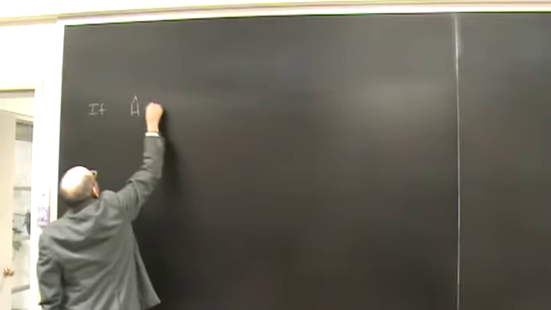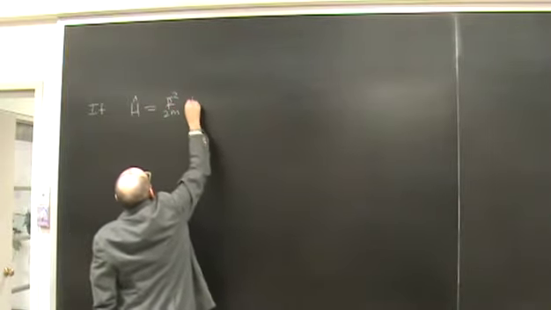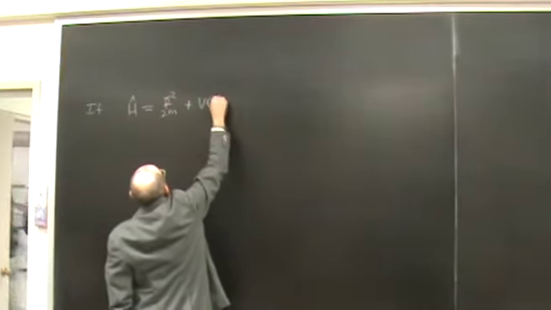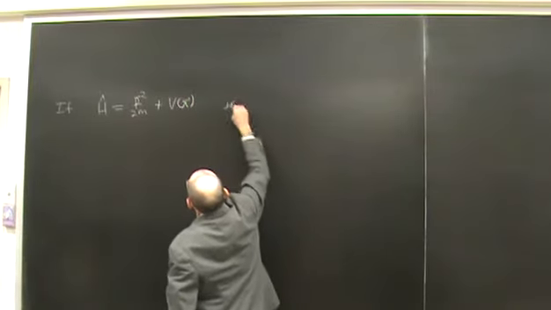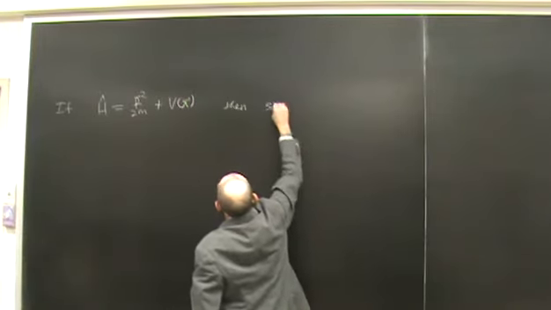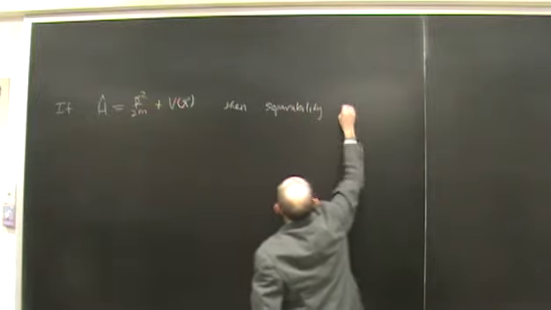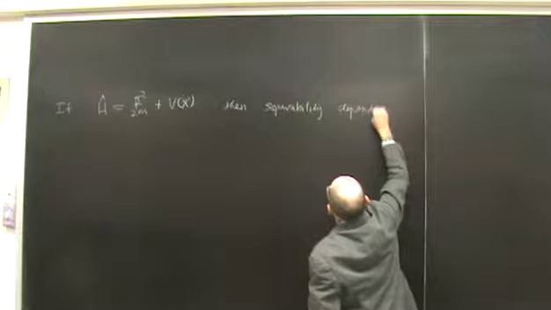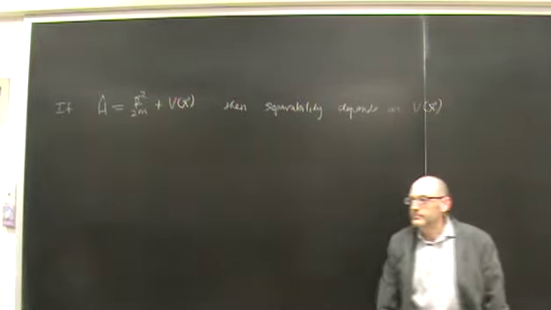Okay? So when we have a Hamiltonian which is p squared over 2m plus the potential as a function of position, then separability depends on the potential. Okay?